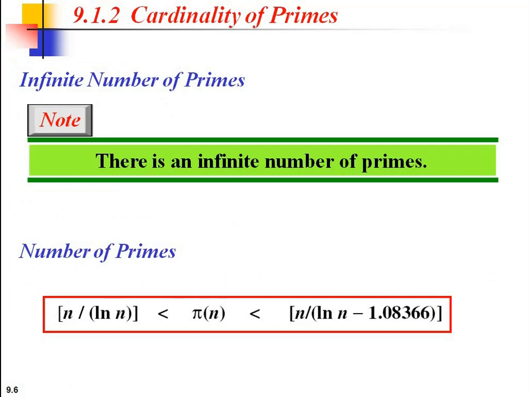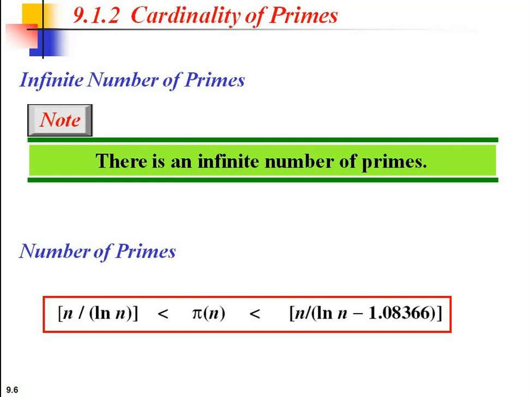If we talk about the cardinality of prime numbers, that is how many prime numbers exist, whether there are a finite number of prime numbers or the list is infinite, we can say that there are infinite prime numbers, and a limit has been defined on the number of primes.